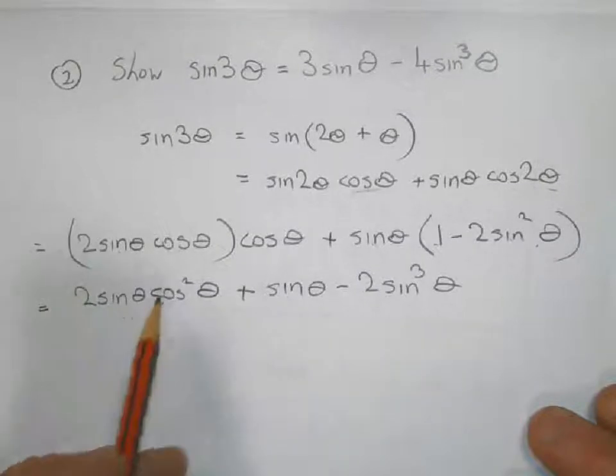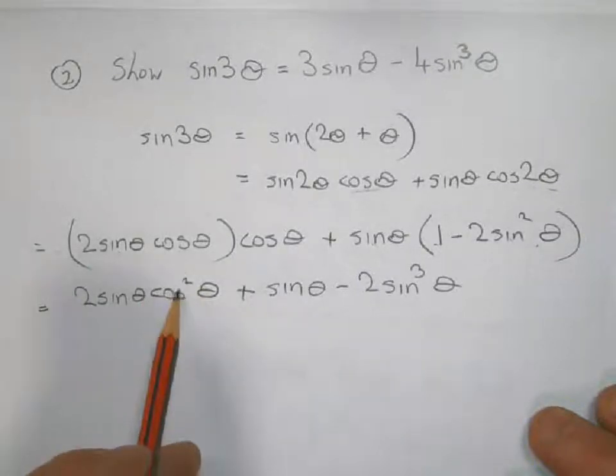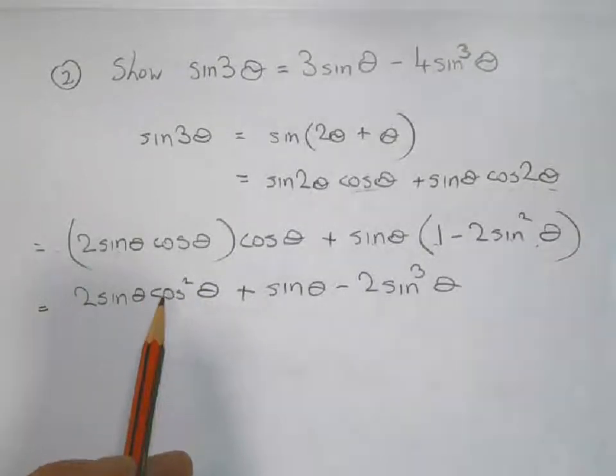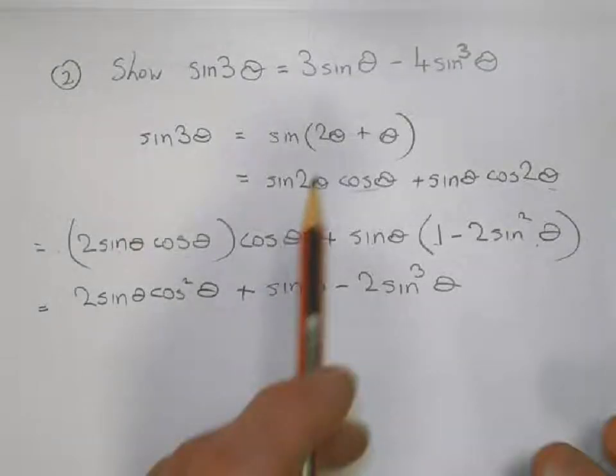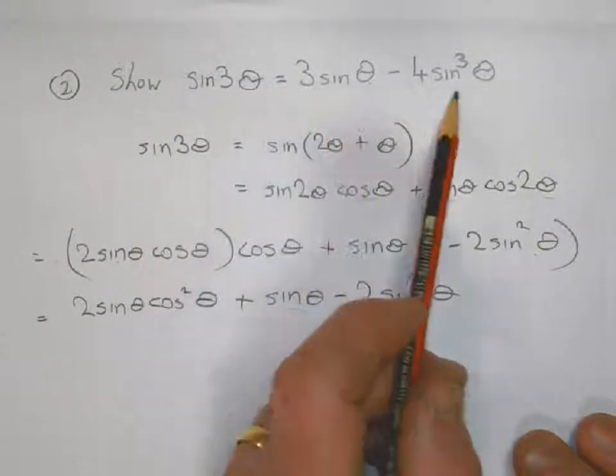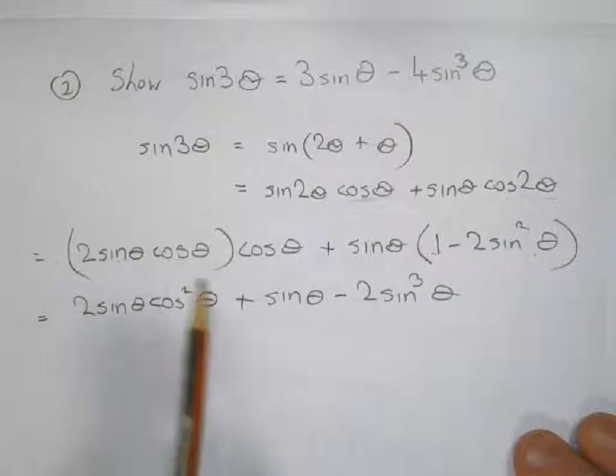Okay, so we've got a problem here with this cos squared because we don't want any cos squared in there, because if you look at the question, it's got sine theta and it's got sine cubed theta. So we've got to try and get rid of this somehow.